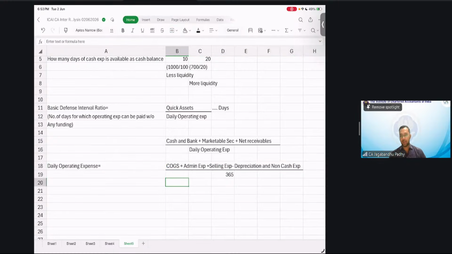That's your daily operating expense. Now remember, in COGS, admin and selling expense, whatever your non-cash expenses are there, like depreciation, amortization, or any sort of provisions, all those things need to be removed from your expense. And then you divide it by 365 because we need the expense that you're going to pay by cash. So that's your daily operating expense.